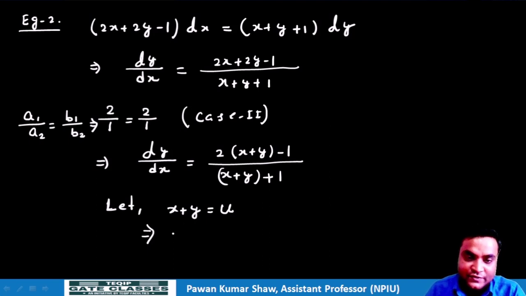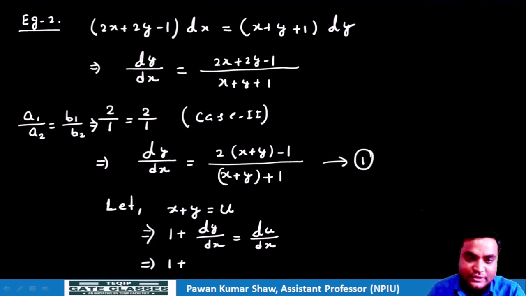So after taking the differentiation with respect to x, that is 1 plus dy by dx, and here it will be du by dx. So now we can replace the value for dy by dx from, suppose, equation number 1. So we can write 1 plus that value for dy by dx, and x plus y we already assumed to be u, so that is 2u minus 1 divided by u plus 1, is equal to du by dx, right?